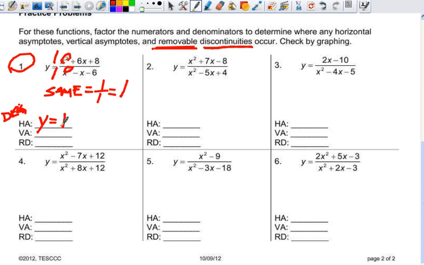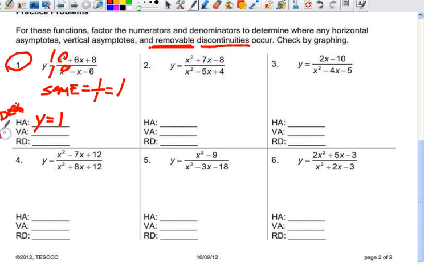All right? Vertical asymptotes are your roots. And where are you looking, in the numerator or denominator? Denominator. All right, so we're only concerned with the denominator. So before we can do that, we're going to factor everything. No, actually, we have to do both. All right.